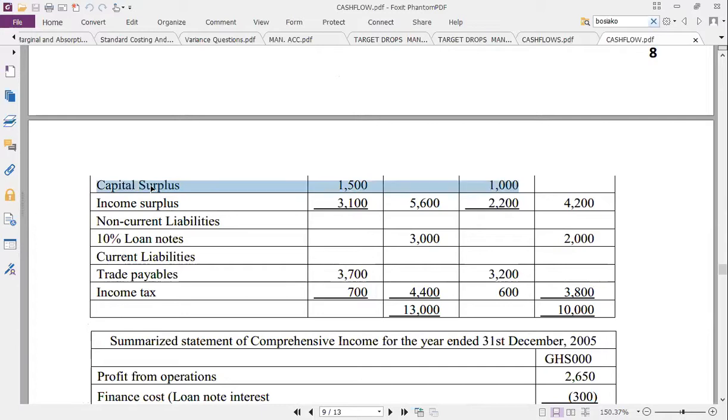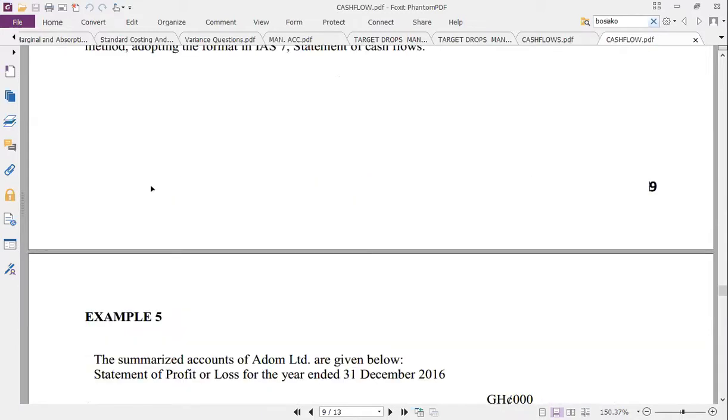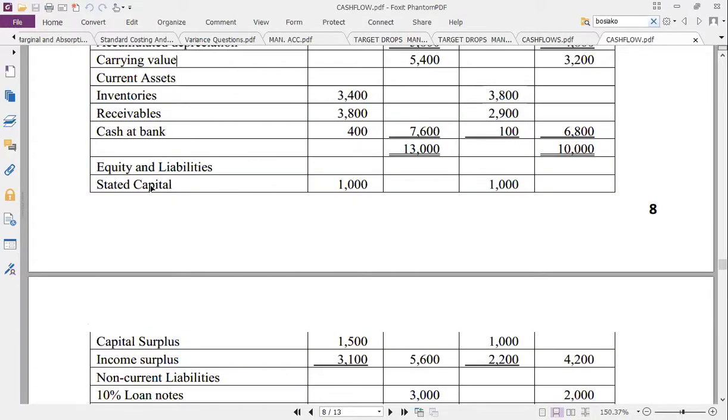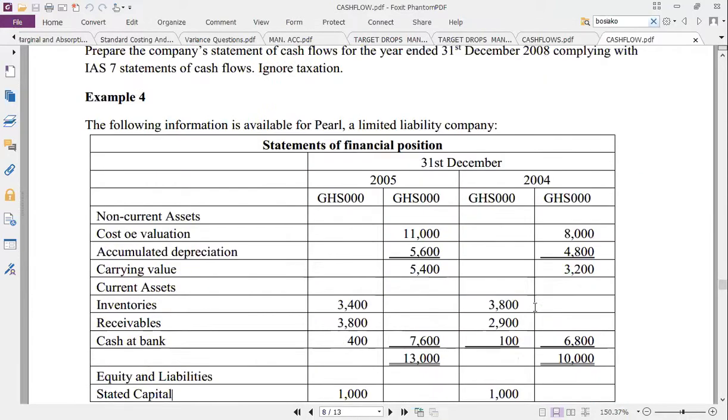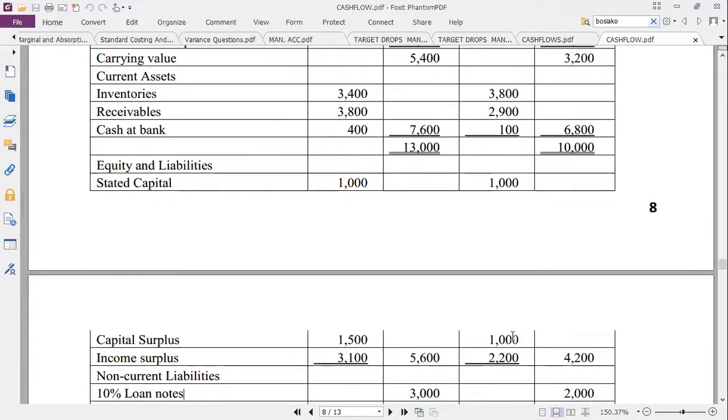It has moved from where? 1,000 to 1,005. So that means current year is 2005. Previous year is 2004. So in 2004, it was 1,000. In 2005, it's 1,005. So that's increased by what? 500. That means they did revaluation and they had a revaluation gain of 500.